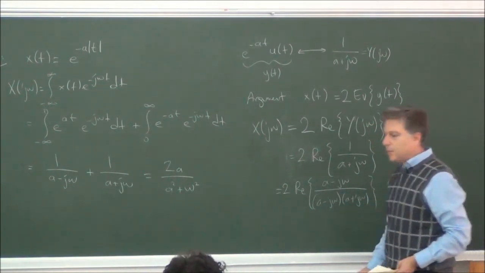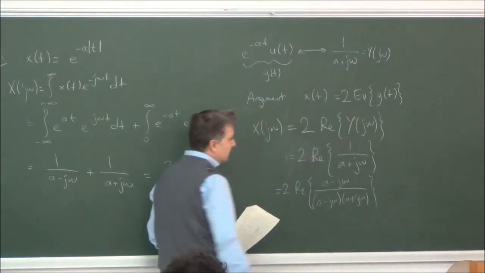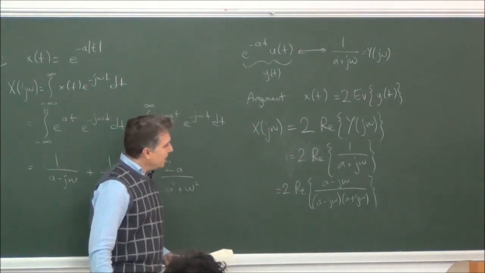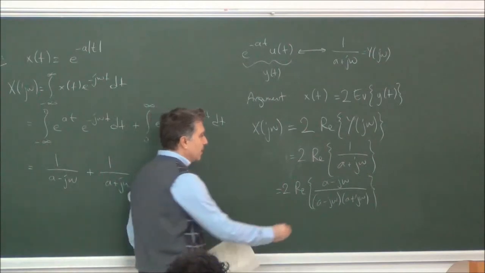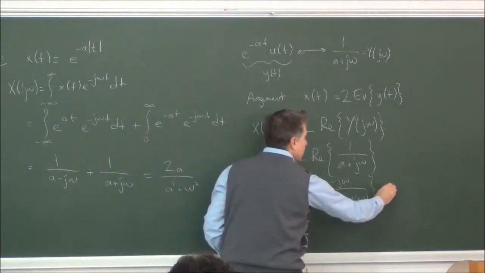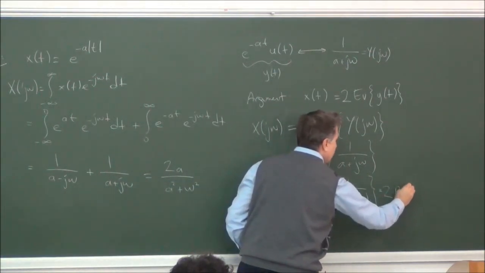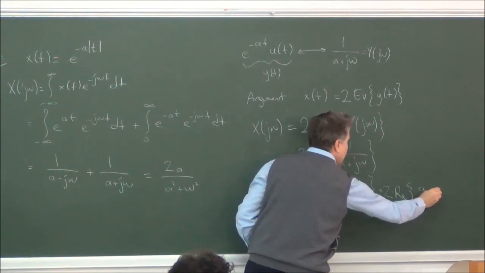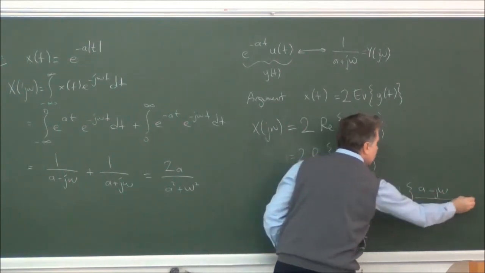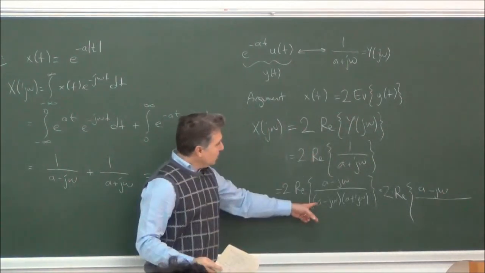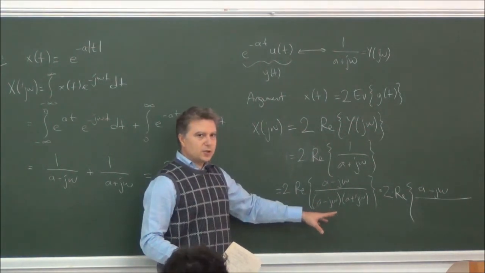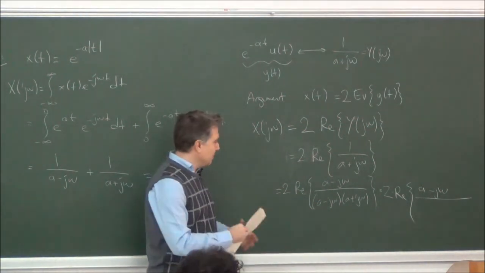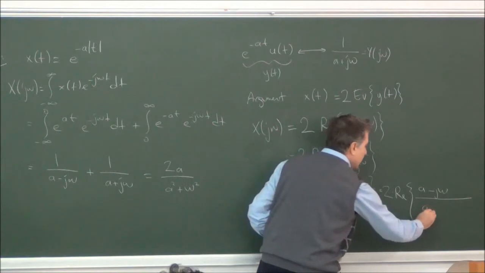I am multiplying both the numerator and the denominator by a minus j omega. It's twice the real part of a minus j omega divided by, since we are multiplying with the conjugate, it becomes a real quantity, which is a squared plus omega squared.